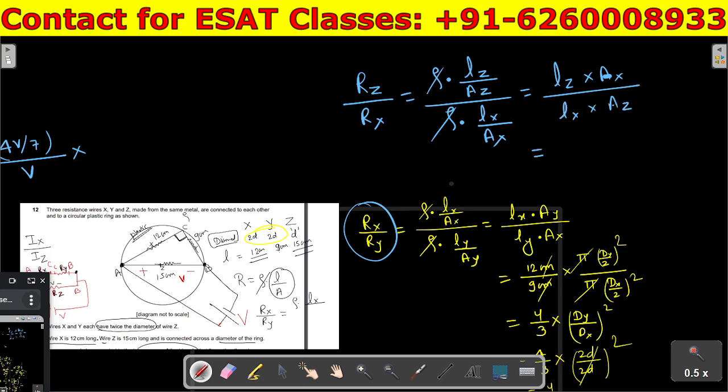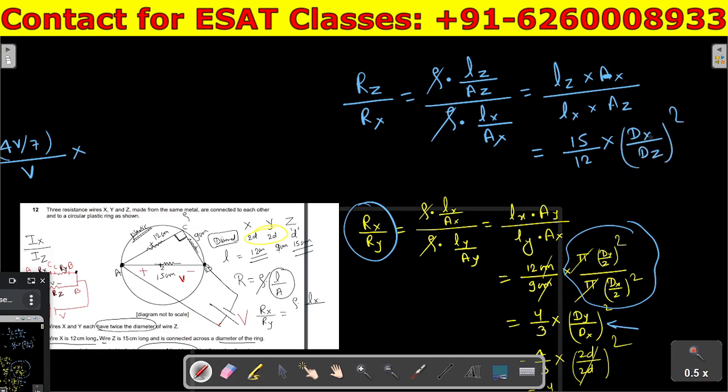See Lz, that is the 15. I'm ignoring the units here. Lx is 12, so write it 12. Similarly, I have shown in the previous calculation how your Ay, Ax should be calculated here. So I am ignoring the basic calculation. I'm just taking this like a ratio of the diameter, so I should have dx upon dz whole square.